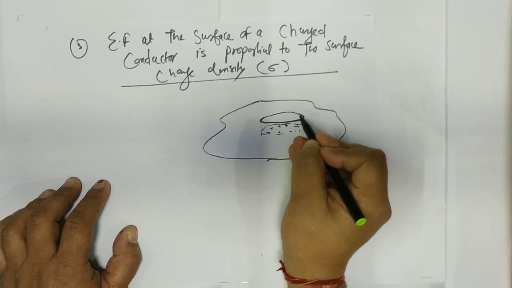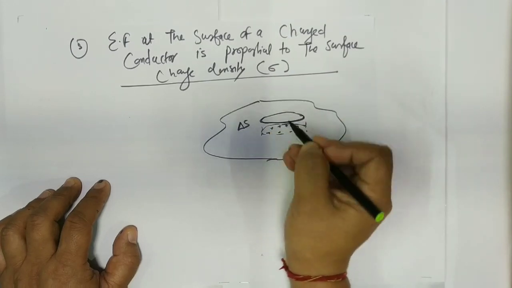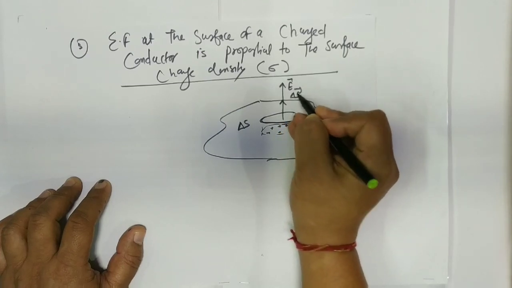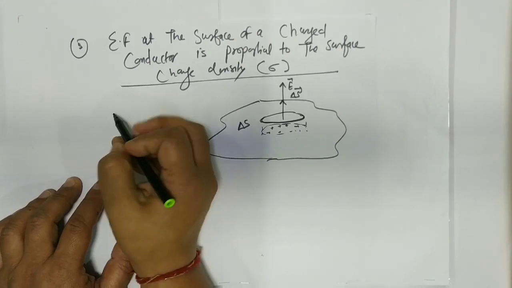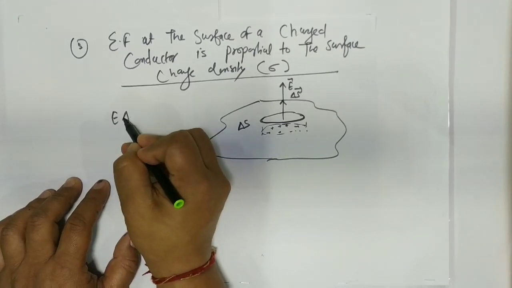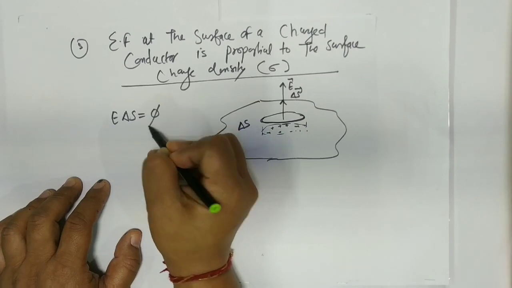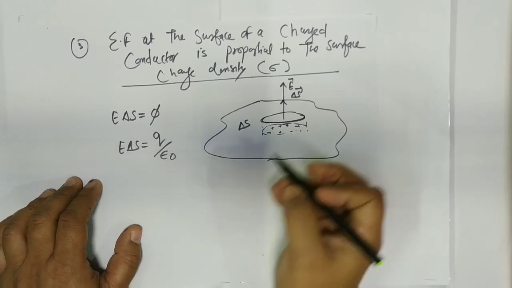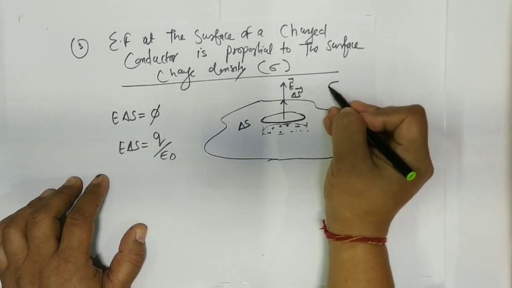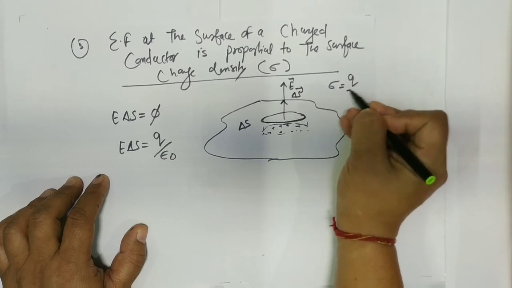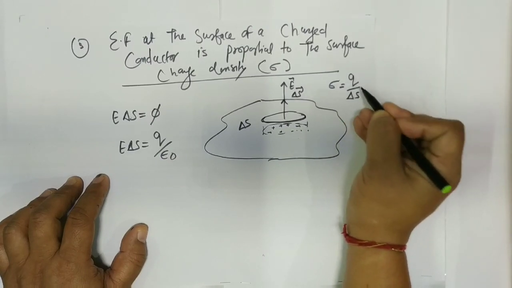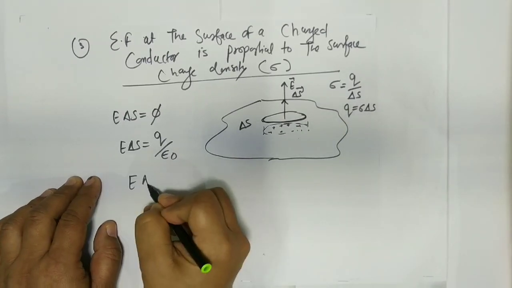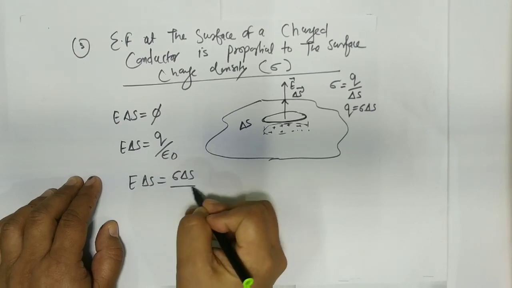Delta S is the surface area. Where is the electric field? This. Where is the delta S area vector? Outside. And E delta S is the flux phi, and phi is Q by epsilon naught. Sigma is Q by delta S, charge per unit surface area. So Q will be sigma delta S. So E delta S will be sigma delta S by epsilon naught.